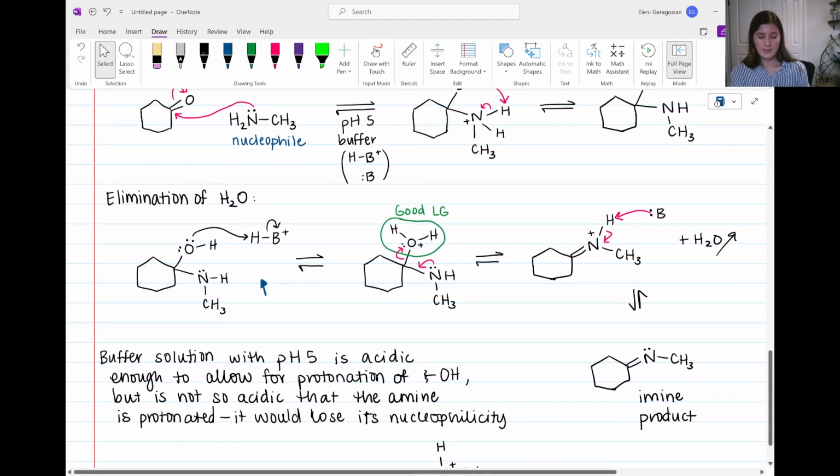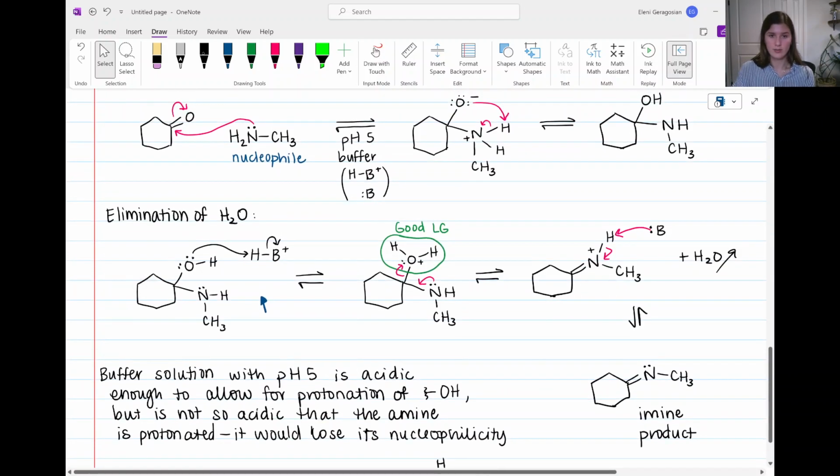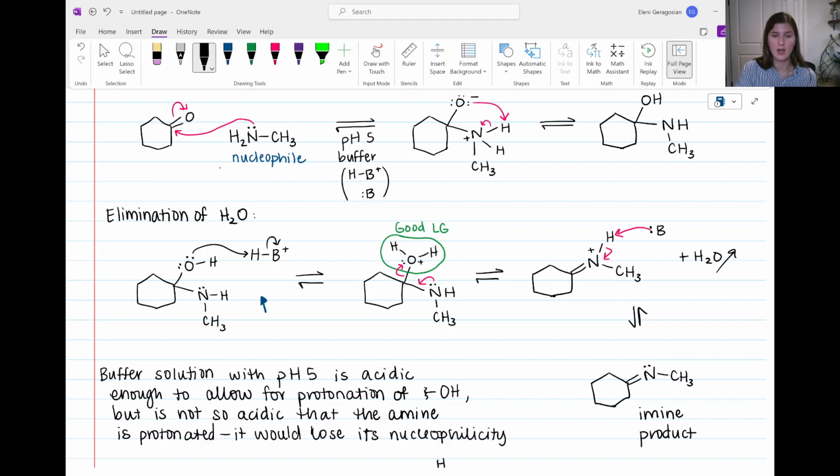The amine is a stronger base, so that nucleophile is a stronger base than the carbonyl oxygen. So if we're at a pH where the nucleophile is not going to get protonated, the nitrogen's not going to get protonated, then the ketone oxygen certainly wouldn't get protonated either.